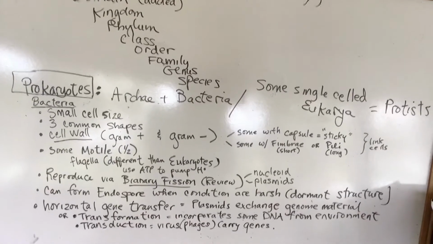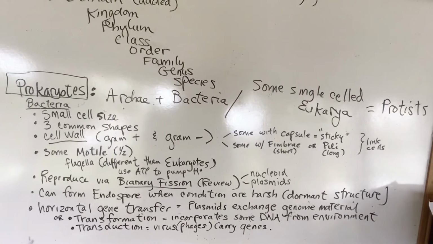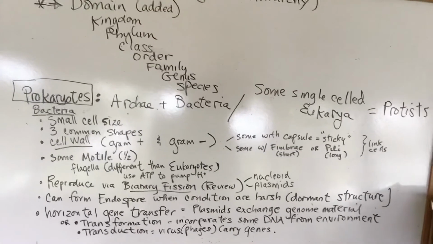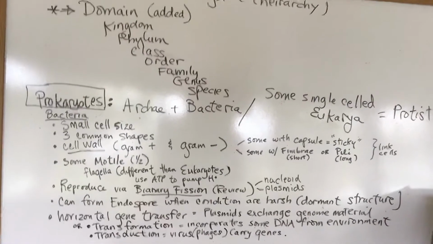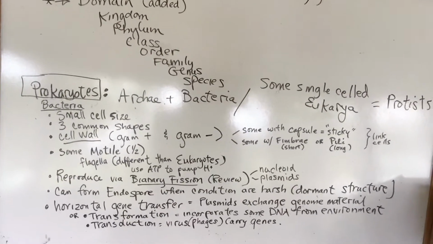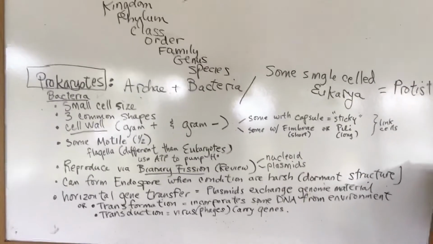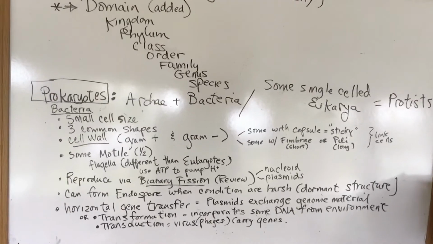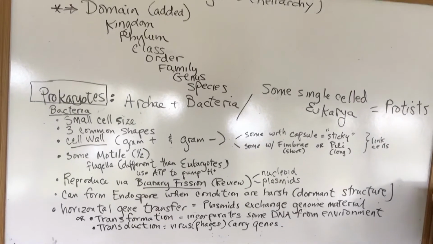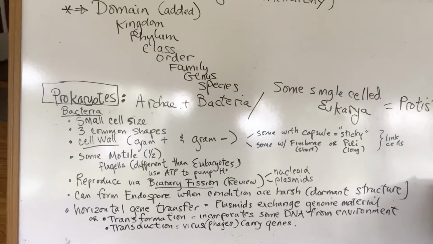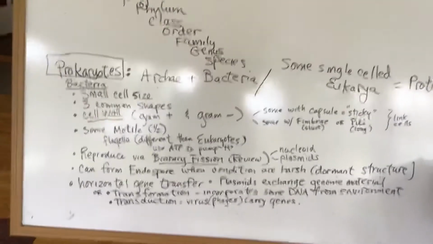And this is where viruses might exchange or give some of their genome to the actual bacteria cell. So even though they reproduce by binary fission, which is basically like mitosis, it doesn't mean that they are all alike. In fact, they can change based on their environment, and also things like viruses that might be attacking them.